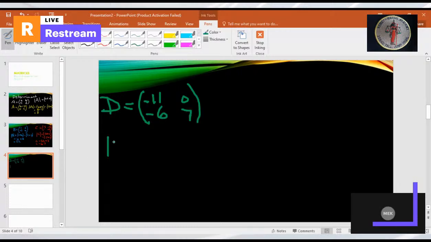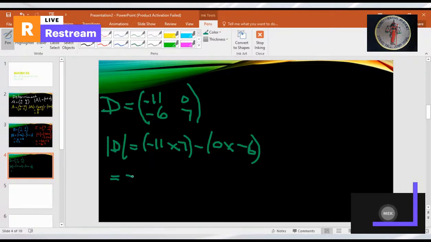The determinant of D, that would be -11 times 7 minus 0 times -6. -11 times 7 is -77. 0 times -6, that's 0. So the answer is -77.